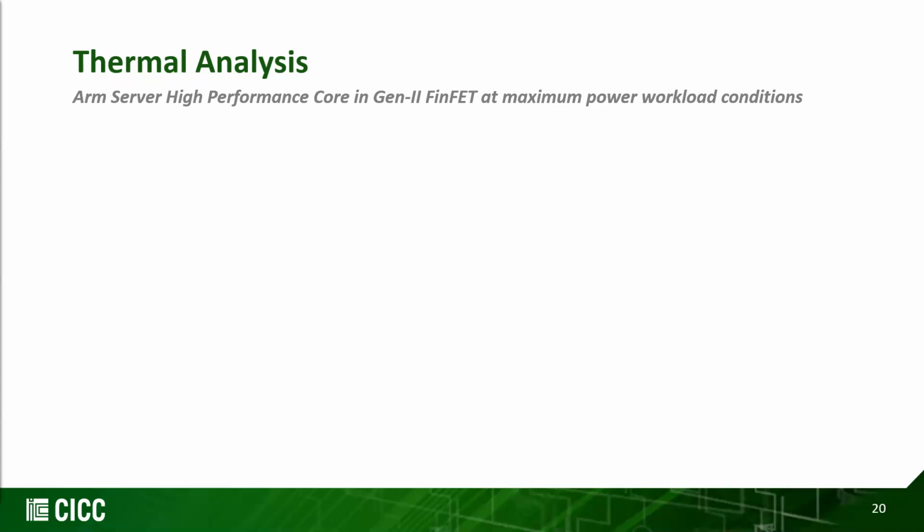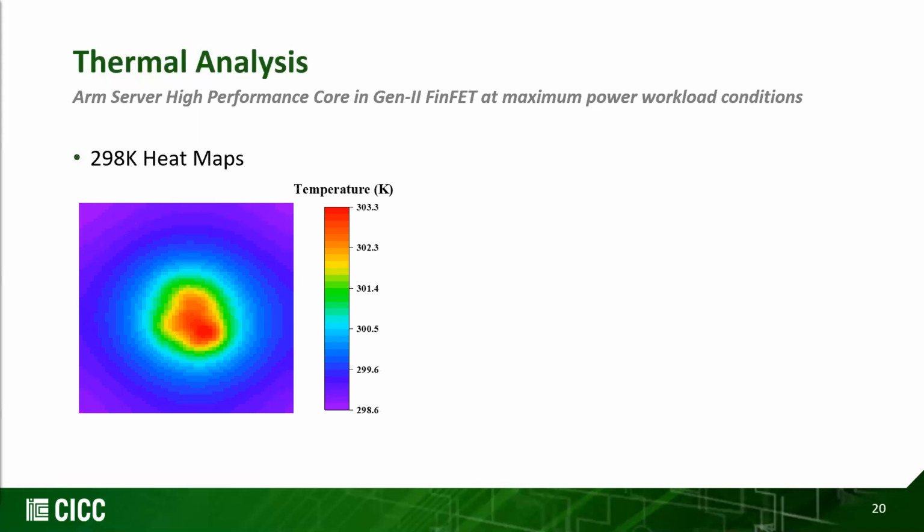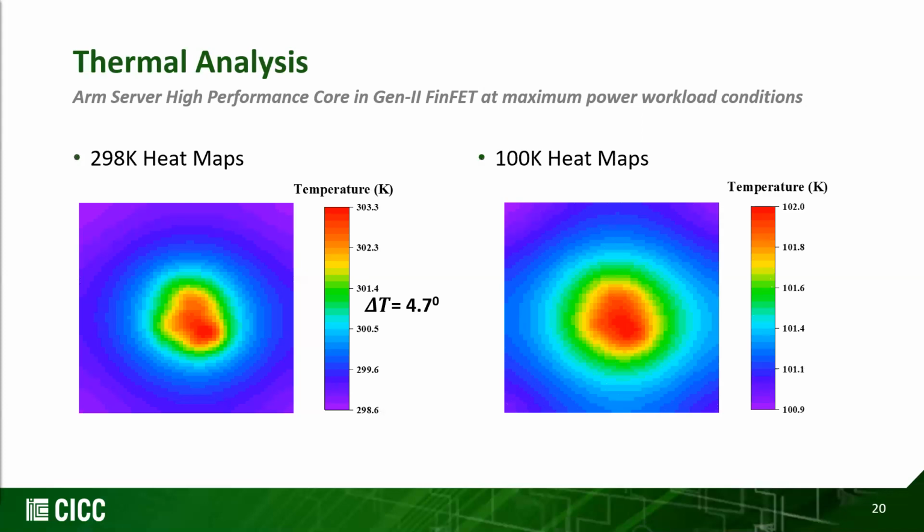Initially, when we look at the 298 Kelvin heat maps, the low temperature of the chip is 298.6 and the highest temperature is 303.3 Kelvin, giving the rise in the junction temperature delta T as 4.7 degrees. We change only the thermal conductivity of bulk silicon to 1 milliwatt per micrometer Celsius and the operating temperature to 100 Kelvin and obtain the heat map.